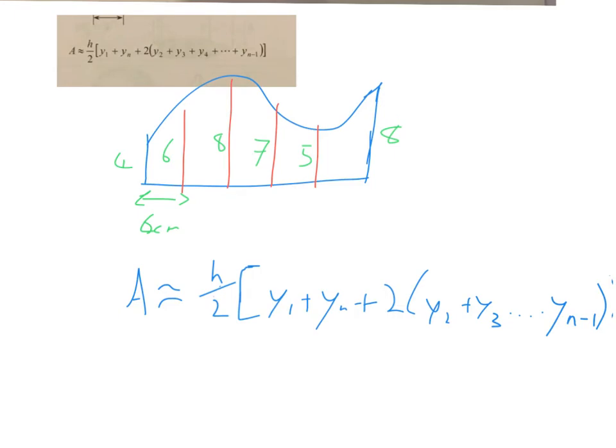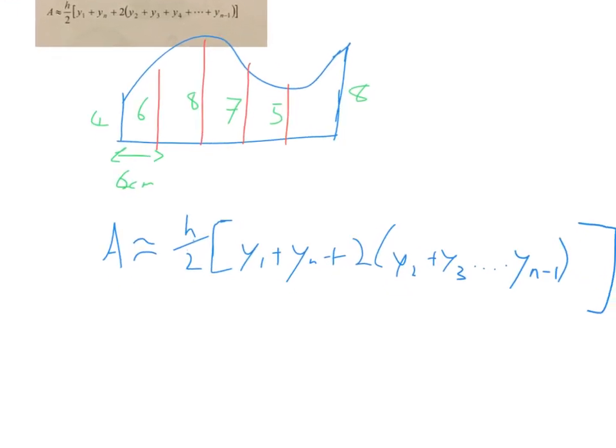So if we start filling this information in now, we'll see what we get out as our answer. So the area is approximately equal to h, the distance between them is 6. So that's 6 divided by 2. Then we add the first term, y1, and the last term, yn. So that'll be 4 plus 8.